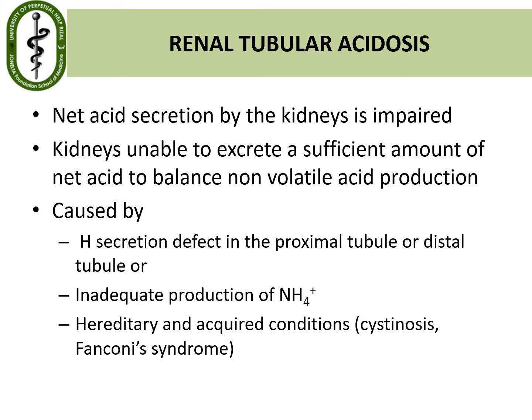Renal tubular acidosis, commonly called your RTA, is caused by hydrogen secretion defect in the proximal tubule or the distal tubule, or due to inadequate production of your ammonium, like in cases of your hereditary and acquired conditions like your cystinosis and Fanconi syndrome. So these are the conditions wherein you can have renal tubular acidosis or RTA.